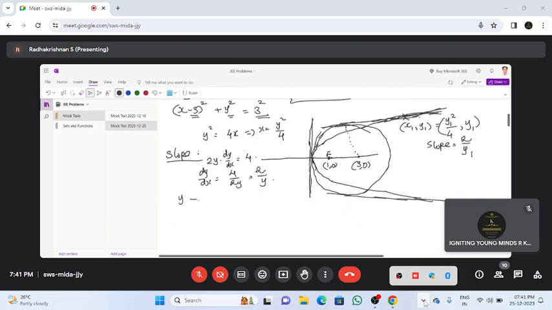y minus y1 divided by x minus x1 equal to the slope. Yes, this is the equation of the tangent.